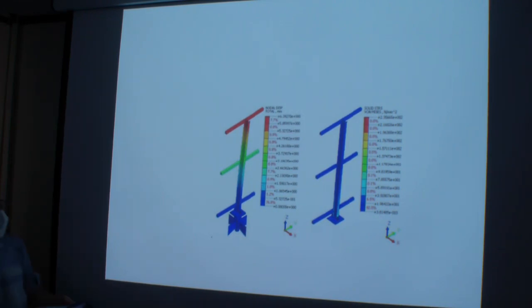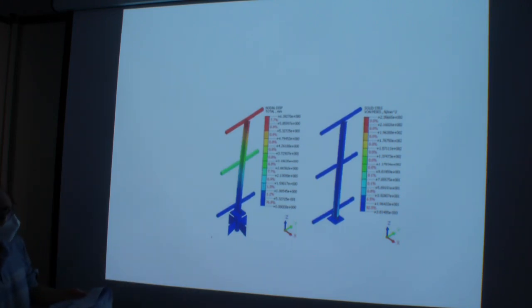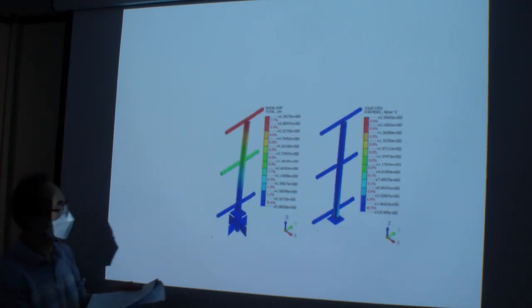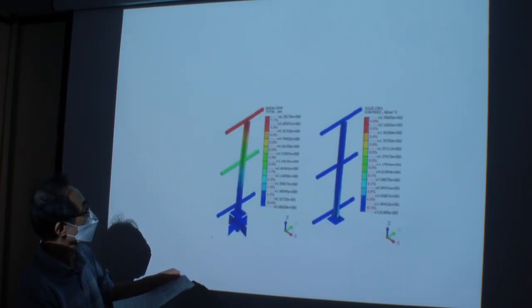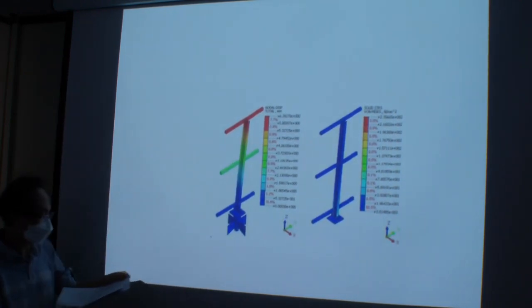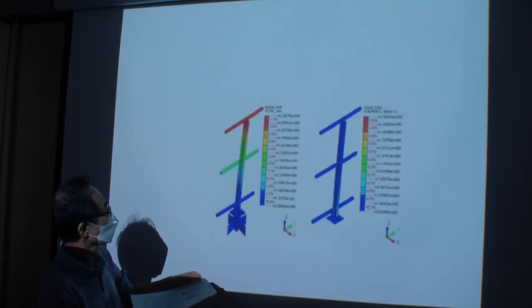This figure shows some of the results. Look at this. This is the integral type structure, 3 by 3. We can see the displacement and the stress distribution diagram.